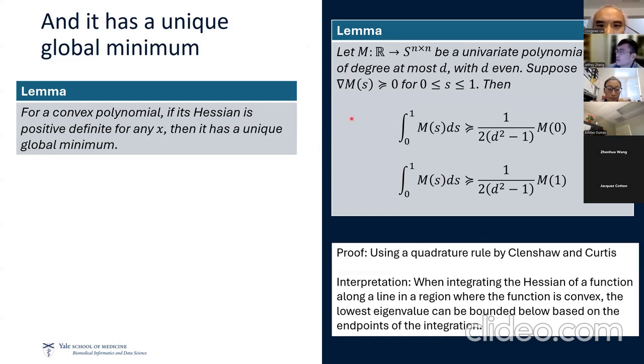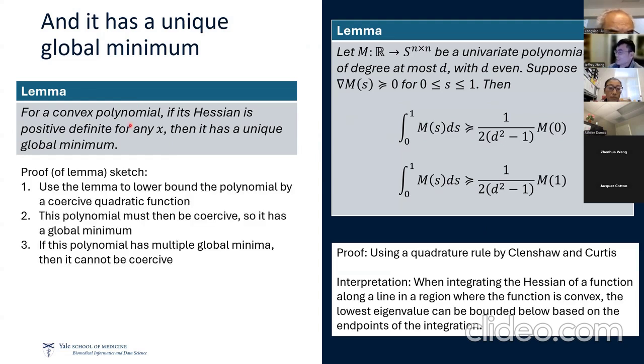And how you use this lemma to prove this is you say, all right, you do this integration, you always get something positive definite, so then you know that you can lower bound on any line with a quadratic function. And this is a uniform bound.